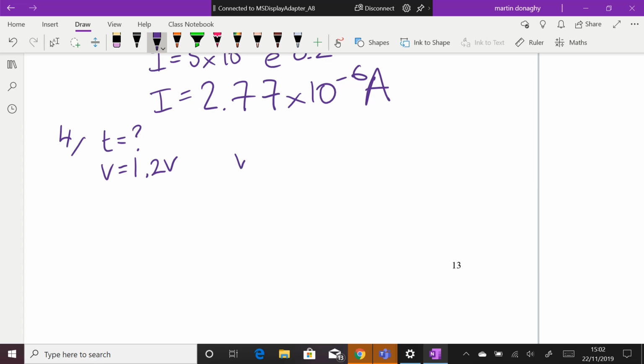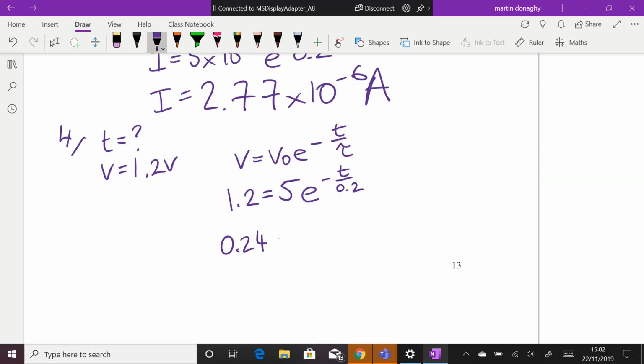So we're dealing with voltage, so we just use V equals V naught e to the minus t over tau. 1.2, the initial voltage was 5, equals 5 e to the minus t over 0.2. Divide both sides by 5, gives you 0.24 equals e to the minus t over 0.2. Everybody should get up to that step relatively easy.